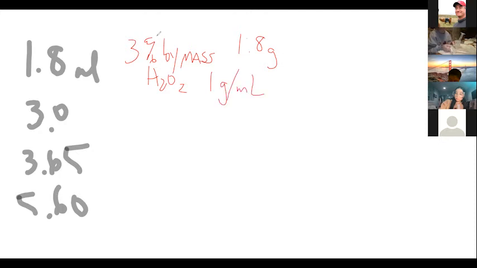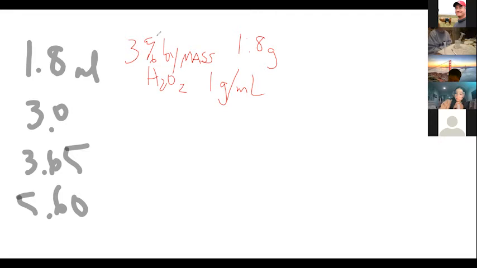So if I have 1 ml, I got 1 gram. That's fudging it a little bit, but the difference is going to be really, really small. So I have 1.8 grams of hydrogen peroxide solution.